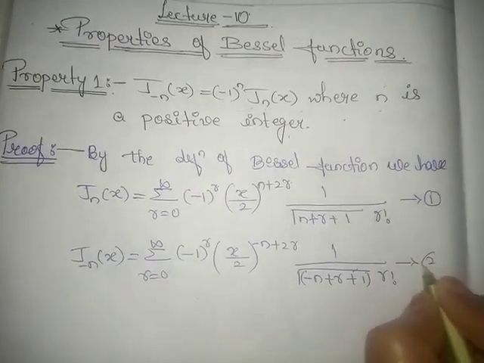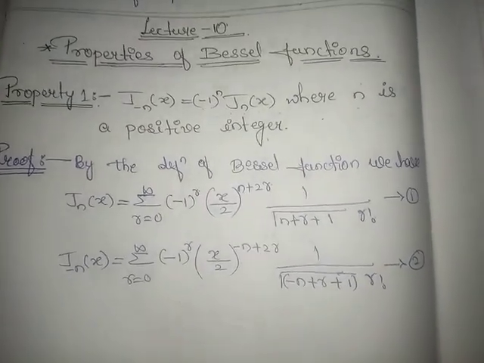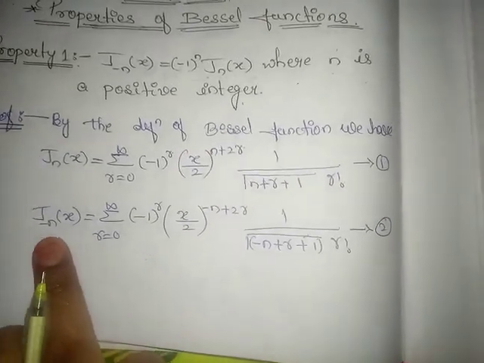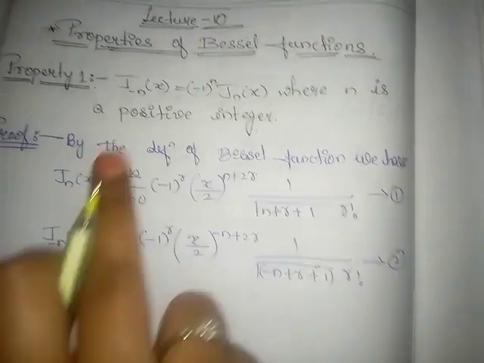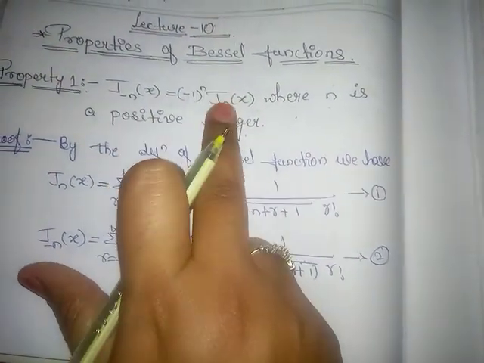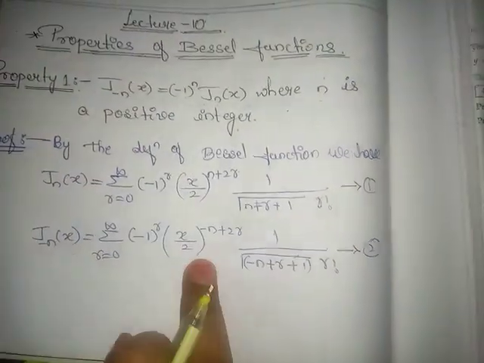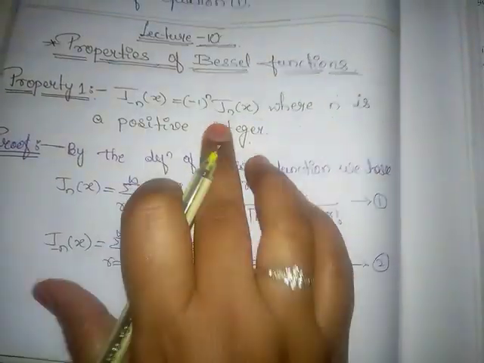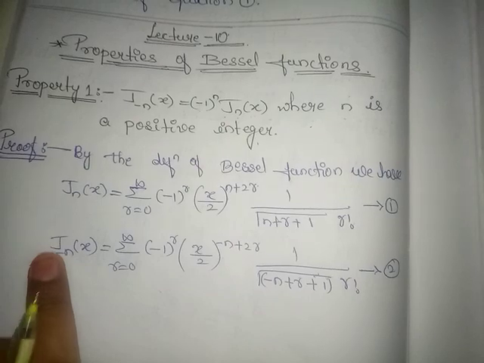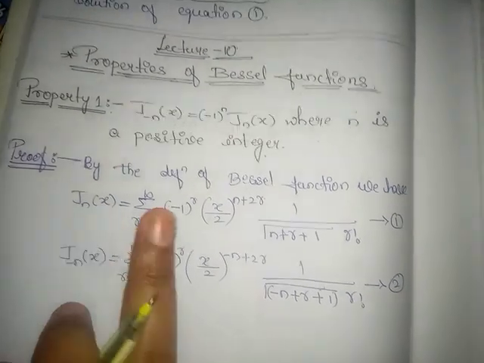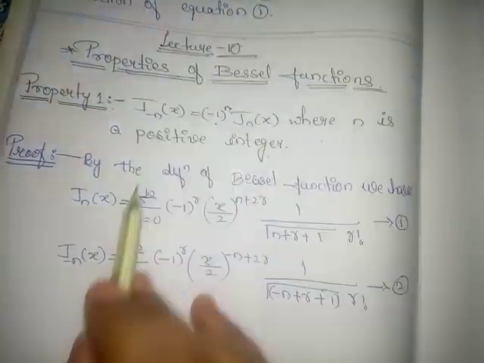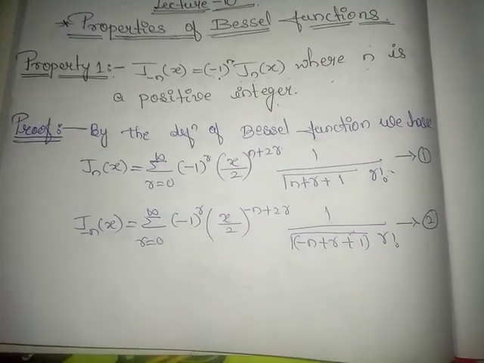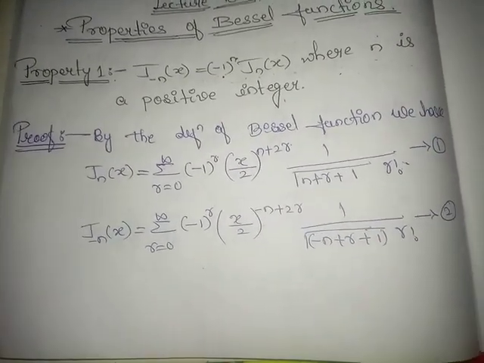Name this as equation 2. Now we have to prove that J minus n of x is equal to minus 1 raised to n into Jn of x, which means this expression is the same as equation 1 multiplied by minus 1 raised to n. For that, we have to consider some assumptions here.